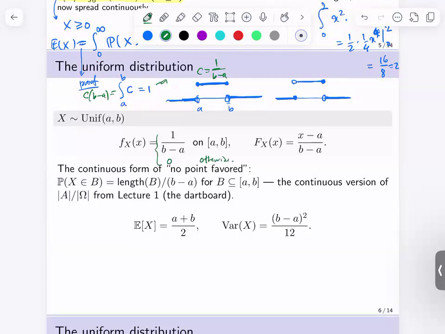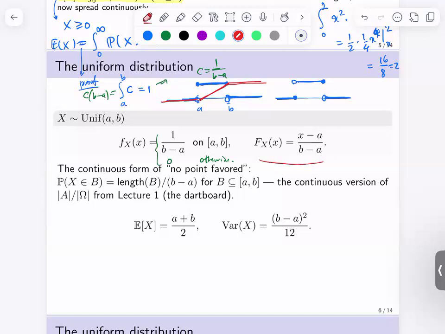Then you can compute the CDF. The CDF would be linear, because once you integrate this, it's 0 here, then the derivative is constant so it has to be a line, and then it's constant again. You can see it's a line, and the slope is 1 divided by b minus a.